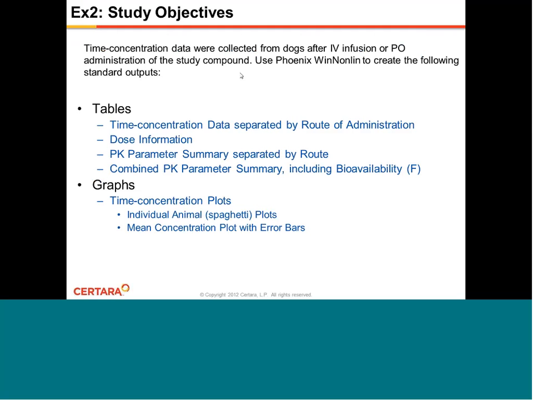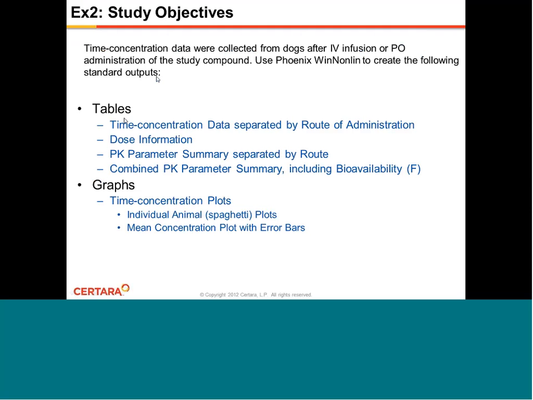For this example, the study background and objectives: time concentration data were collected from dogs after IV infusion or PO administration of the study compound. The objectives are to use Phoenix WinNonlin to create the following standard outputs.